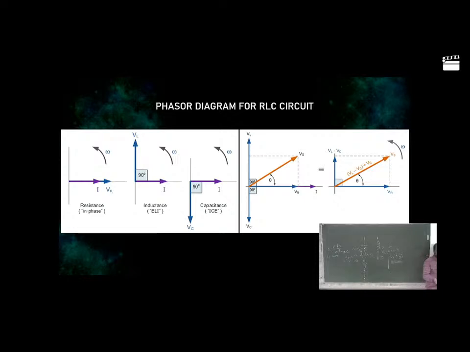When we analyze the network analysis of an RL circuit or RC circuit, for an RL circuit you will consider IL(0-) = IL(0+). What is the meaning of this? Just before the t = 0 instant, the current through the inductor is the same as the current just after the 0 instant.